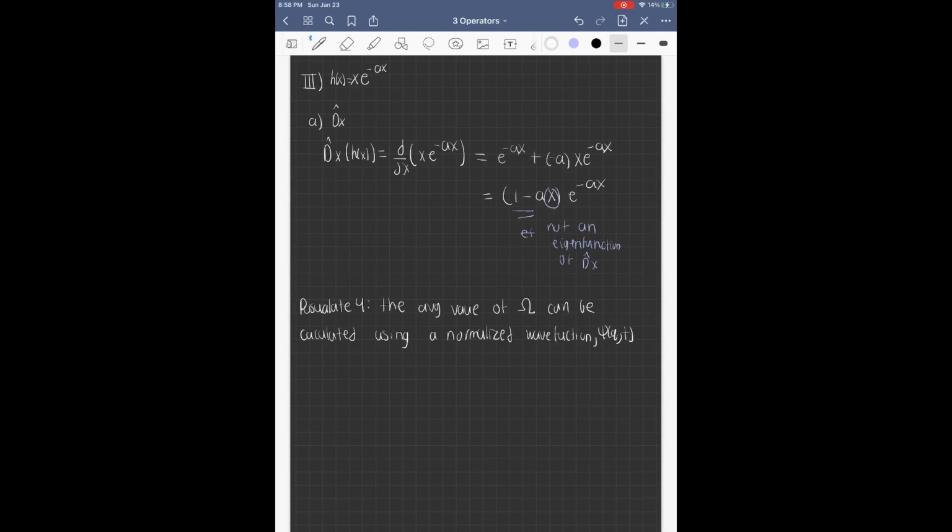Let's say I want to make an arbitrary measurement, like the average of x over all space. To get the average value, I would have to integrate over all space, the wave function multiplied by the operator, applied to the wave function.